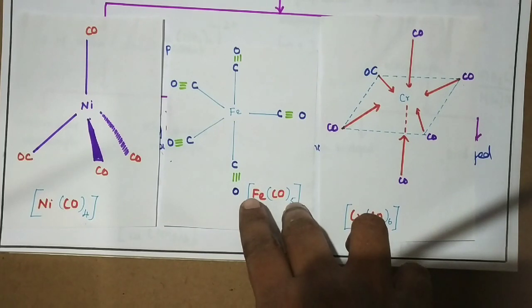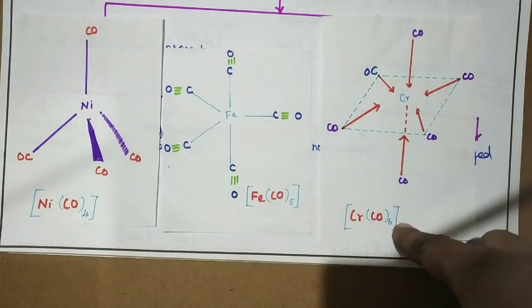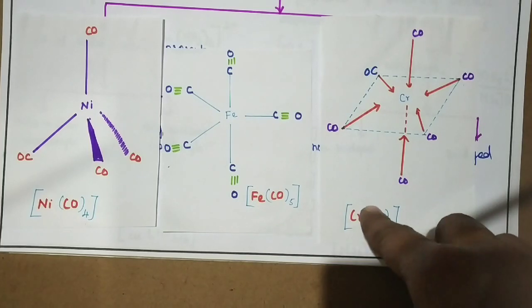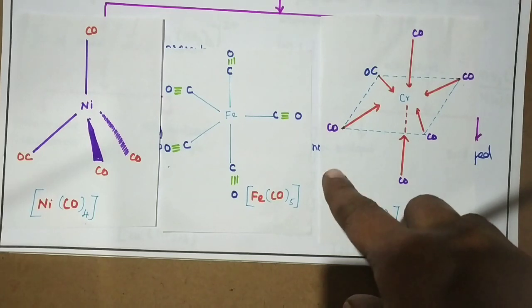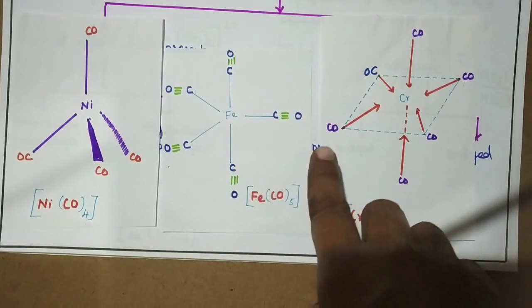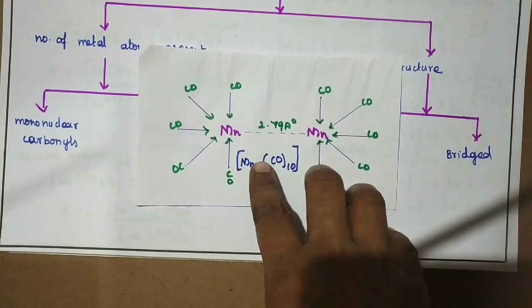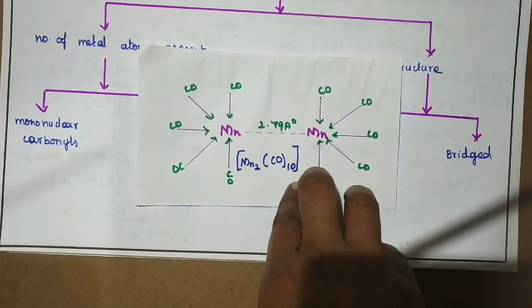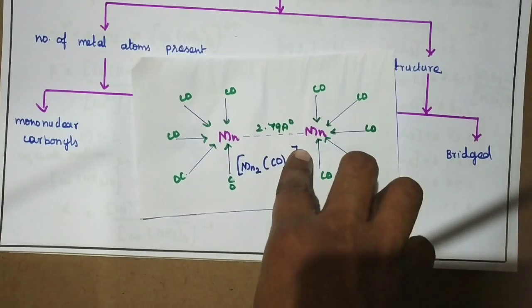One is non-bridge metal carbonyls containing only terminal carbonyls, for example Ni(CO)4, Fe(CO)5 and Cr(CO)6. Another is non-bridge metal carbonyls which contain terminal carbonyls as well as a metal to metal bond.